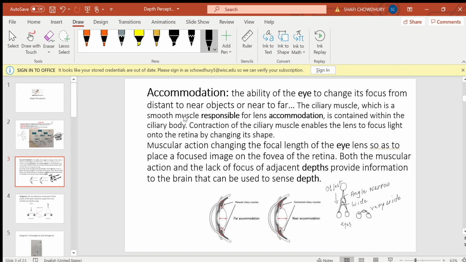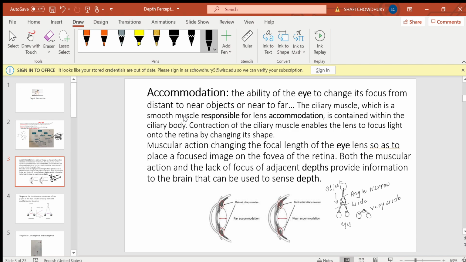So when it comes really very close, like 10 centimeters or less, you can feel your eye muscles working to form the required angle between the lines of gaze.